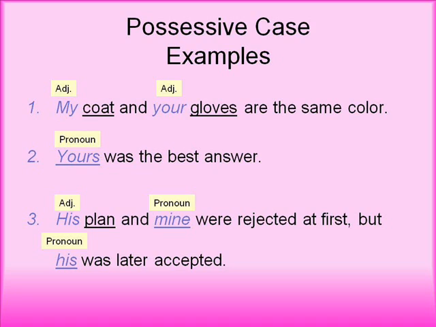In number 2, yours was the best answer. In that case, that pronoun doesn't come right before a noun, and therefore it's acting as a pronoun. Number 3, his plan and mine were rejected at first, but his was later accepted. The first his here is coming right before plan, and therefore it's modifying that noun and acting as an adjective.